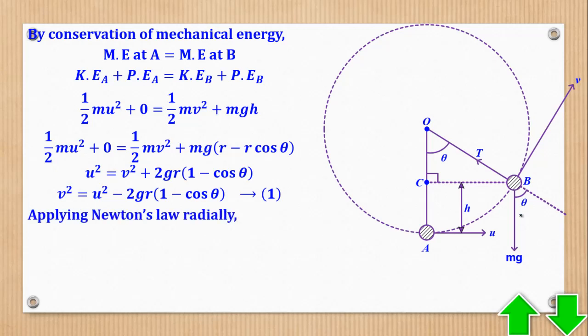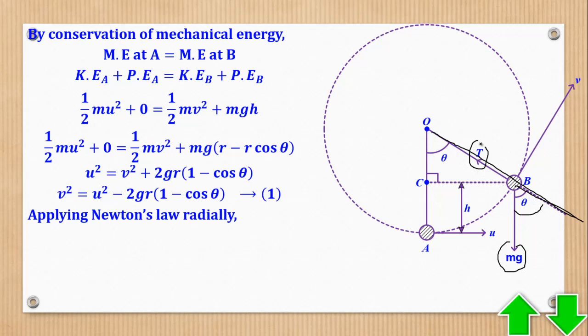So applying Newton's law radially, meaning along this line towards the center. There is this force, but also this weight has a component along that line, which will be mg cos theta. The resultant force towards the center is the one which provides the necessary centripetal force.